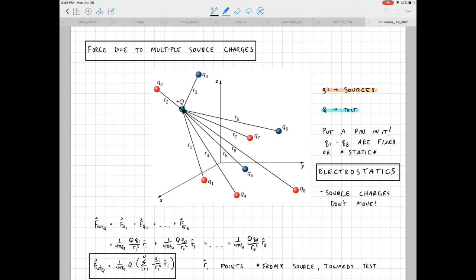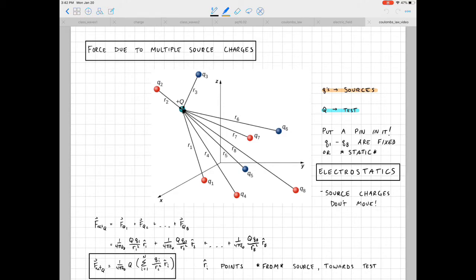A few things to point out before we get started. There's a distinction in electricity between source charges, that are the charges providing the pushing or pulling, and our test charge, the charge that is being pushed or pulled.